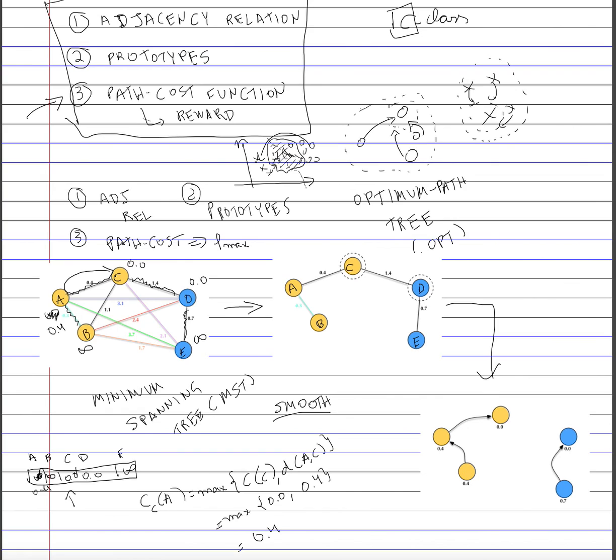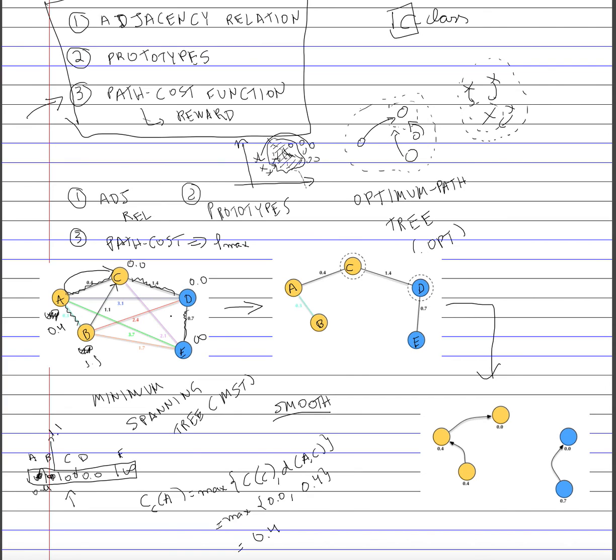I'm going to take the maximum value between the cost of C and the distance between C and B. That's 1.1. So 1.1 is much better than a very high value. Let's just update the priority queue. Sample B is conquered by C, and sample C is going to try to conquer D, but a prototype cannot conquer another one because we don't have arc weights with negative values.